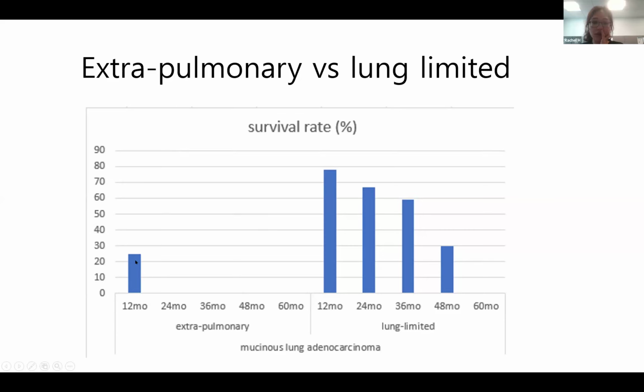So at the extrapulmonary cancer, it just shows about 25% survival rate at 12 months. But at the lung limited cancer, although the survival rate is decreased, it shows a survival rate like this.